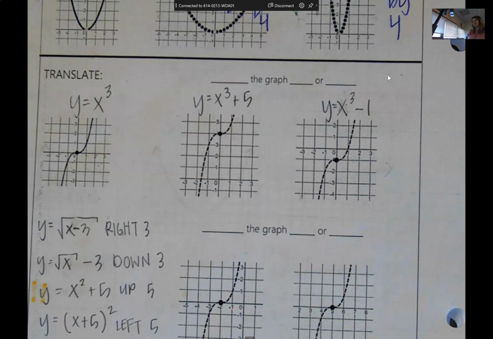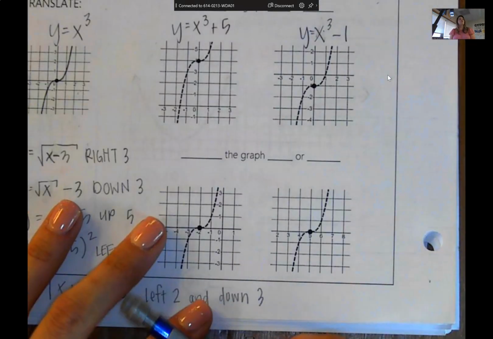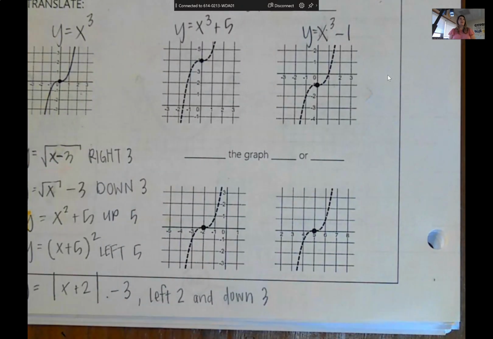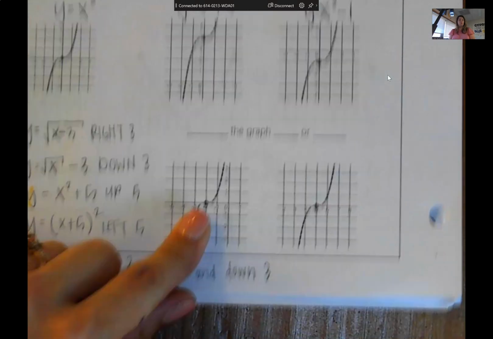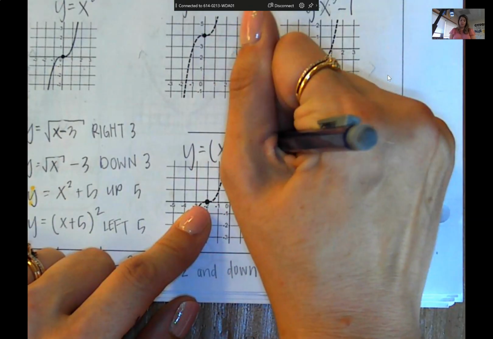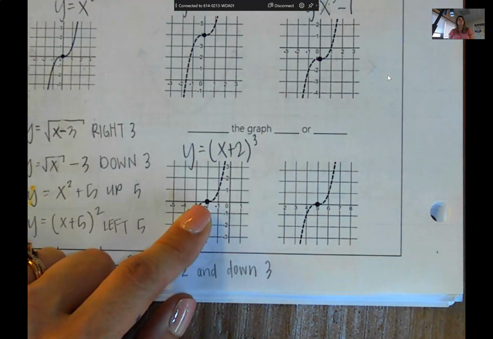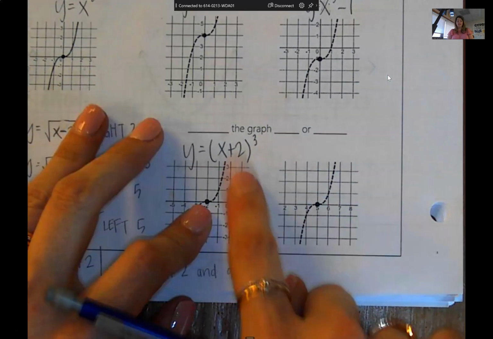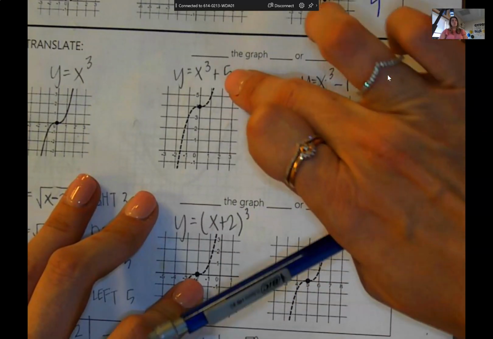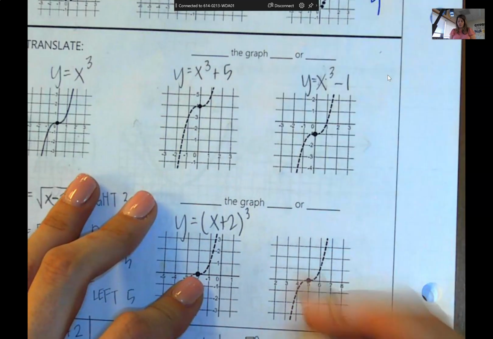The next two have been shifted left and right. So we have to trap it with the x. So on this one, we moved it left 2, which means on our paper, we have to write plus 2 in with the x. So this one is in, this one is out. Inside with the x, out of the x.